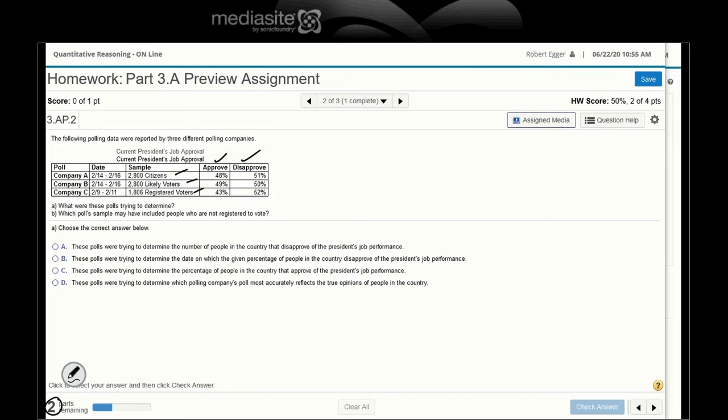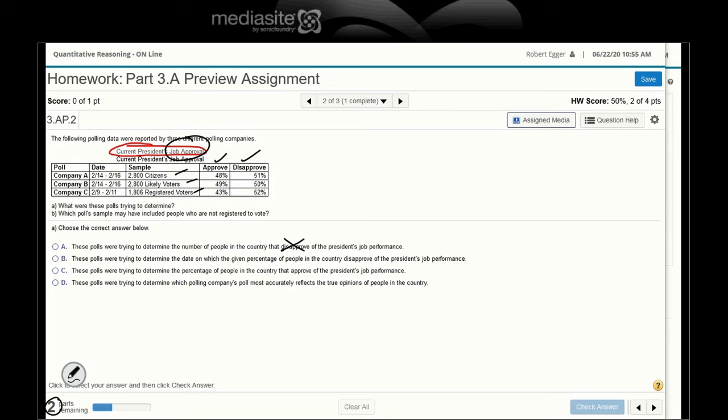Okay, that result's going to be based upon the heading. We're trying to find the current president's job approval. So key here is approval. So A, these polls are trying to determine the number of people in the country that disapprove.